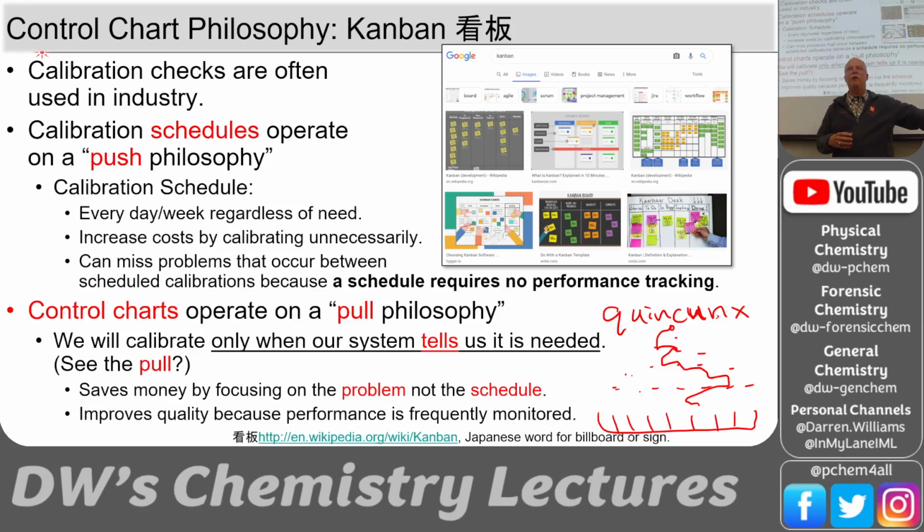Whereas maybe your technique on whatever day you calibrated was sweet, perfect, narrow, and your instrument's working good. Don't wreck it just because of the calendar. Wait until it tells you that it needs to be moved. Okay. And then you've narrowed your variability by taking yourself out of it and taking the calendar out of it, and you just let the system run.